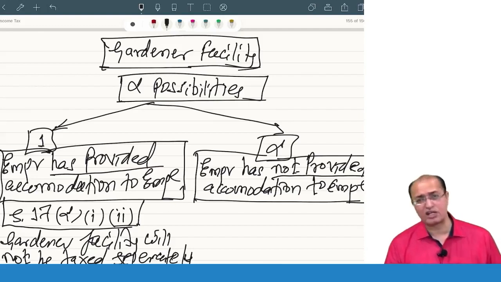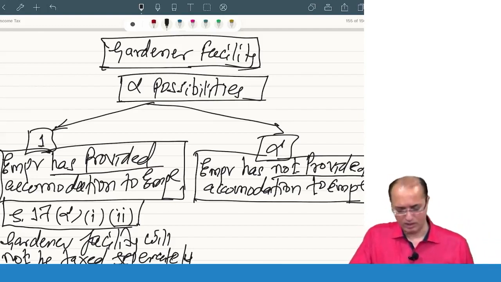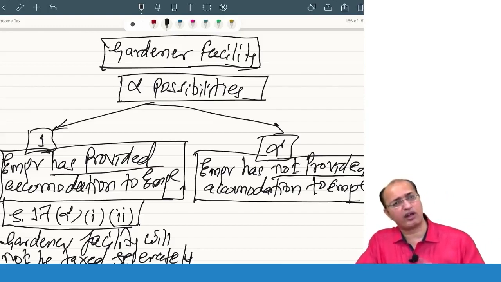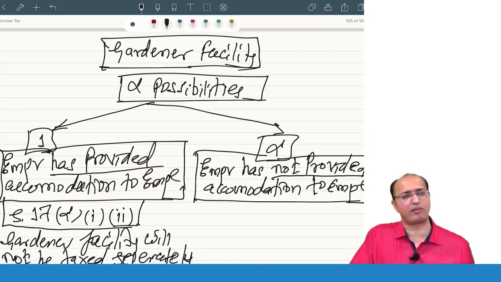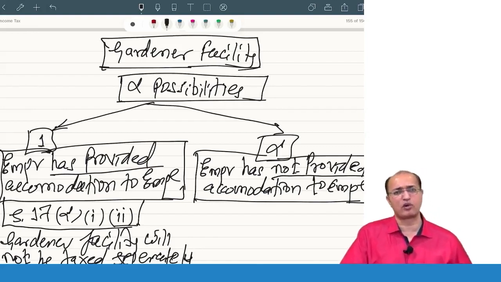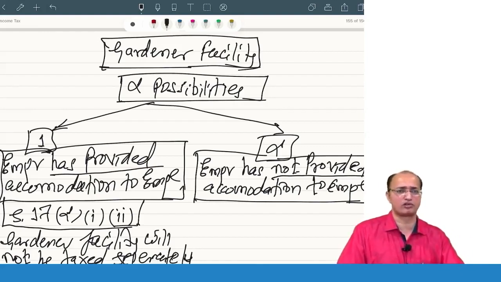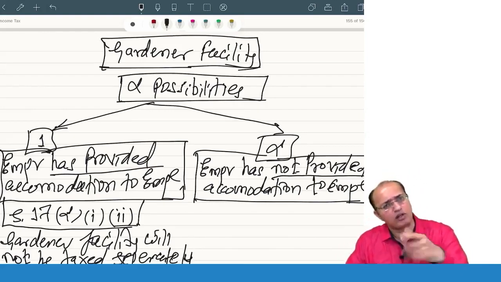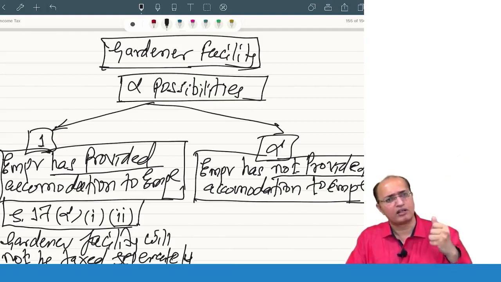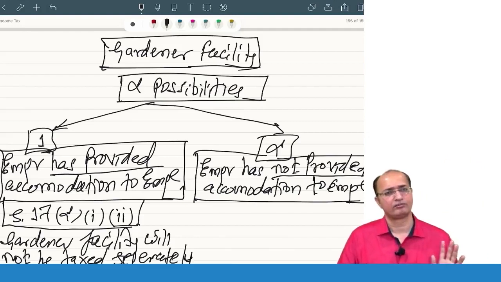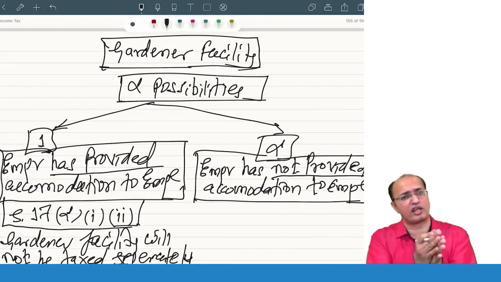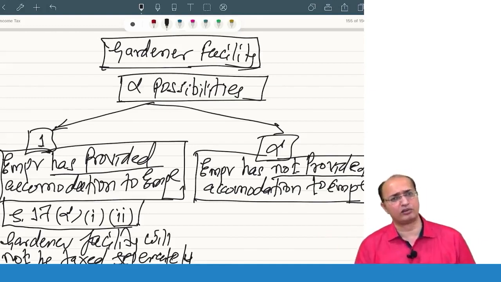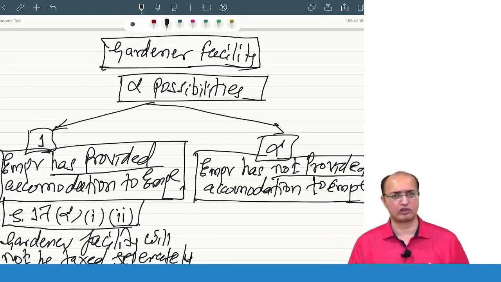You consider that the gardener facility is already covered by the valuation of accommodation. Whatever the valuation of accommodation by applying the provisions of section 17(2) clause 1 and clause 2, in that the gardener facility is automatically covered. No separate tax on you for the gardener facility if accommodation is provided. Only the accommodation value will become taxable to you as per 17(2) clause 1 or clause 2, whichever is applicable.